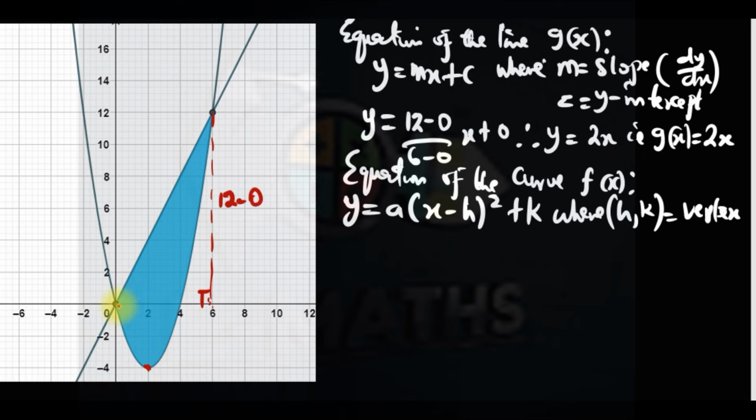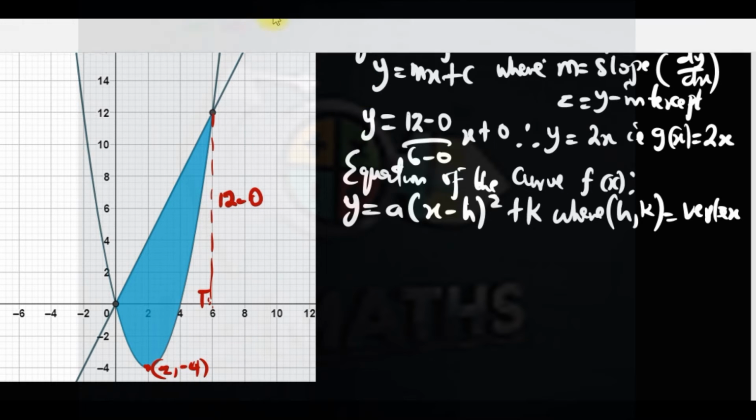As you can see, from 2 to 0 is a gap of 2, and from here to here is the same thing. So this is our vertex. The coordinate of the vertex is (2, minus 4). So our h is 2 and our k is minus 4.